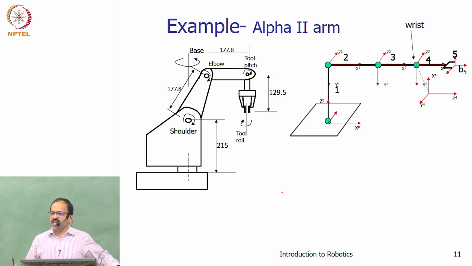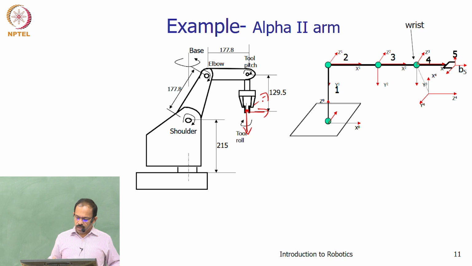Let us take an example of the alpha 2 arm, which we already discussed in the class, including how to get the DH parameters, so we won't go into that now. We'll see how to get the transformation matrix and how we represent the position of the tool. We are interested in this tool position and orientation. So we'll assign a coordinate frame here, as you can see, and a coordinate frame here.